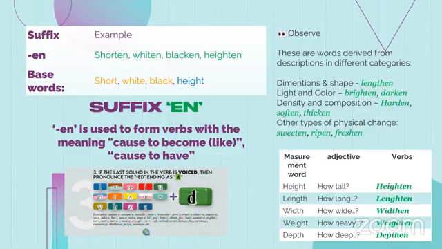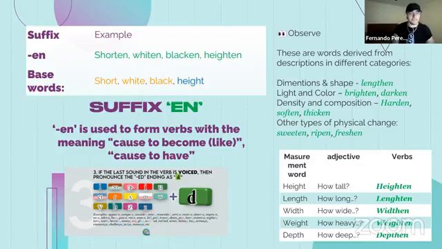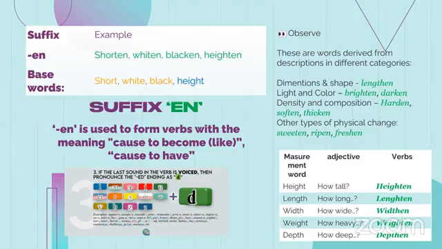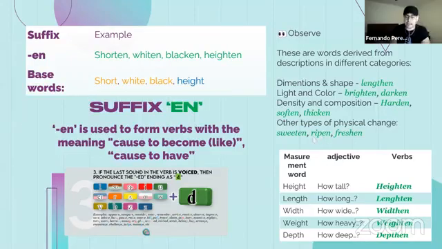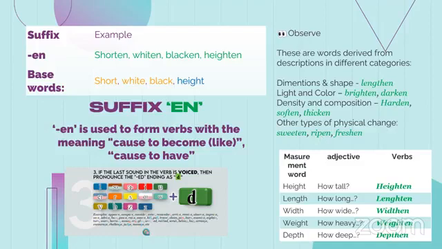Density and composition: harden, soften, thicken. Other types of physical change: sweeten, ripen, freshen. Okay, that one, ripe, ripen. Yeah, our E is more like I, no? Yeah, in some cases.